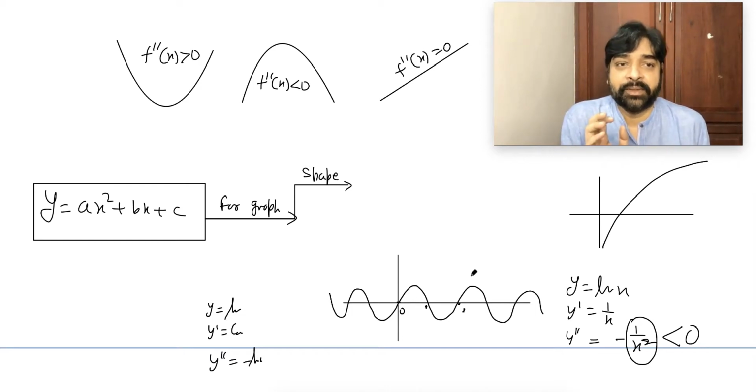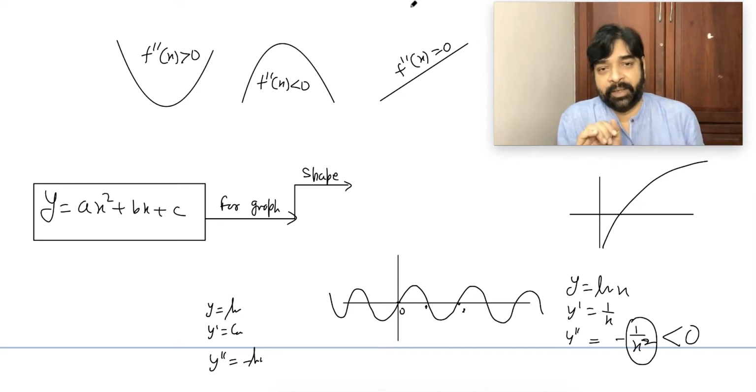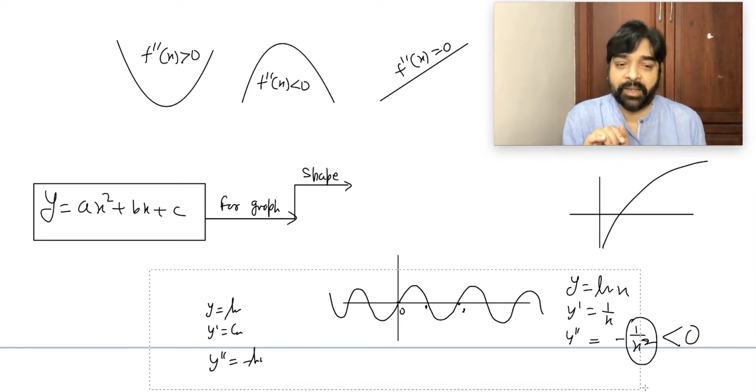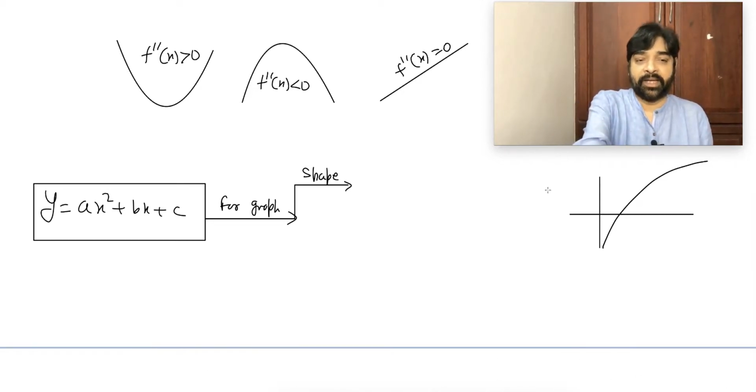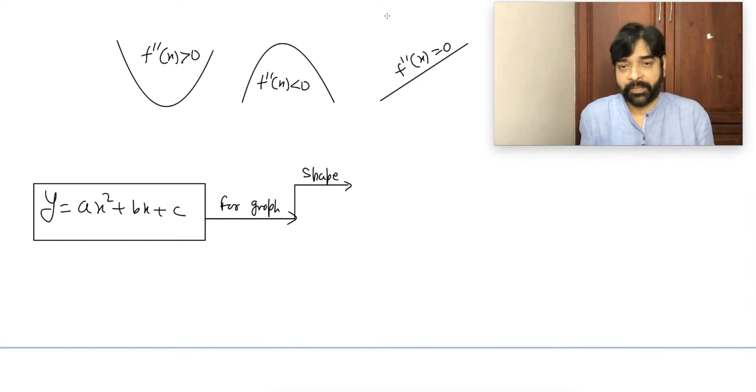Did you understand? So for the shape of any curve, whenever we are drawing a curve, we must have the shape idea. What is the shape of the curve? And who will decide that shape? I will say the double derivative. Orally, you can think of the double derivative of this. First derivative will be what? 2ax plus b.